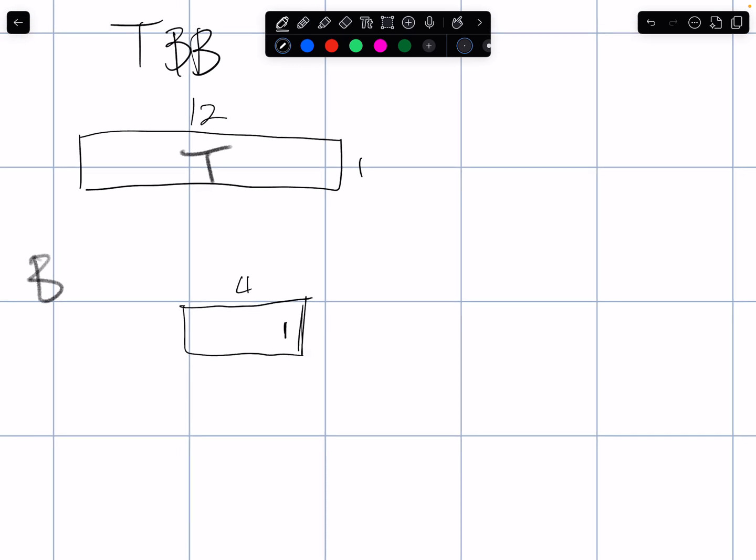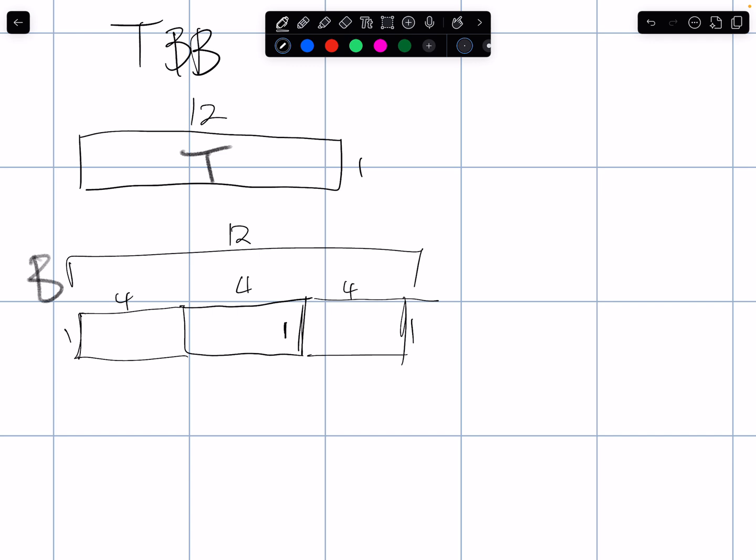Then you would also see it sticks out again on both sides, which is 4 centimeters, and that's 4 centimeters, and that's still 1 centimeter. Now, that is 12 by 1, which is the exact same as that.